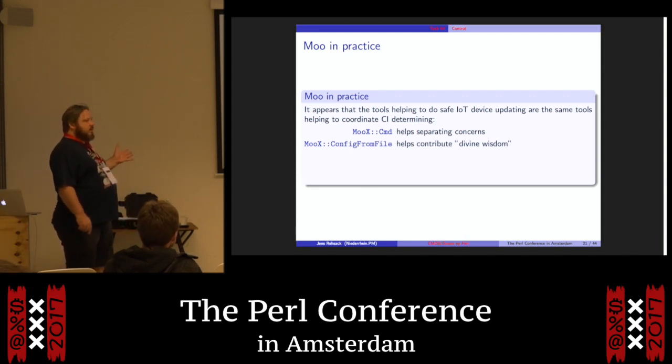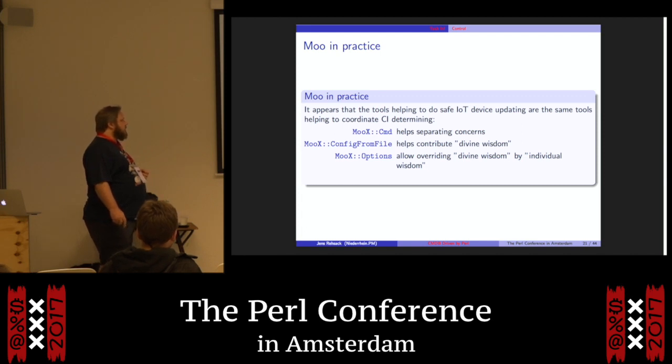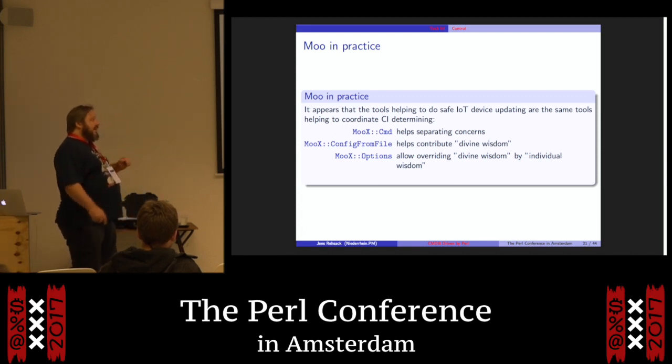Config from file to allow us to contribute operators' wisdom and not, well, developers were gone. Also, we had the option to override that wisdom by, well, I know it better now.